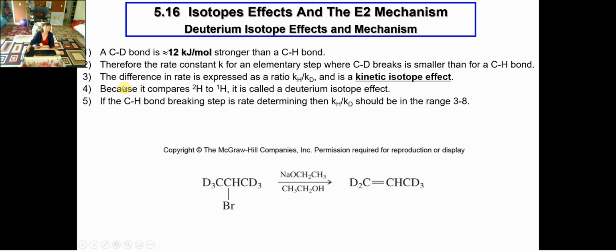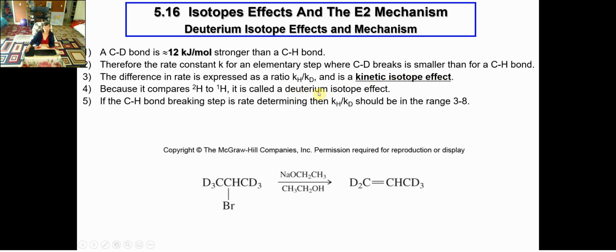Usually you can express the difference between the deuterium rate and the carbon-hydrogen bond dissociation rate using a ratio. You use KH to represent carbon-hydrogen bond breaking, and KD to represent the kinetics of carbon-deuterium bond cleavage. This is called the kinetic isotope effect.